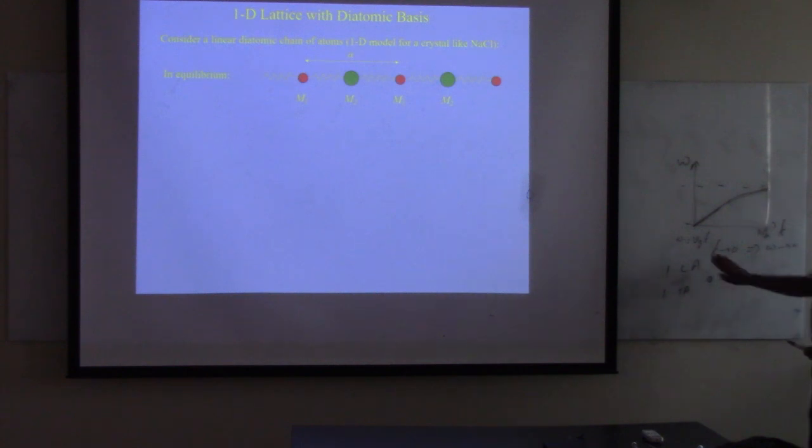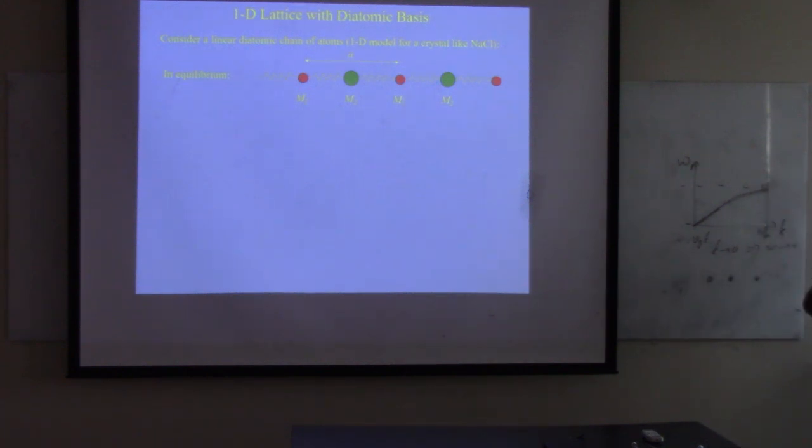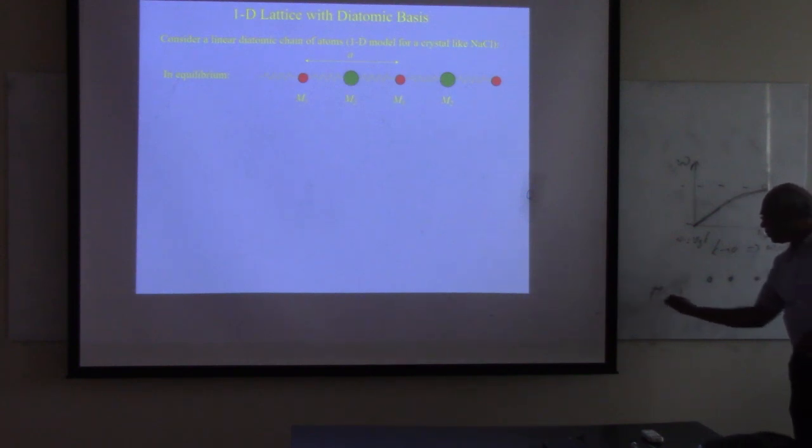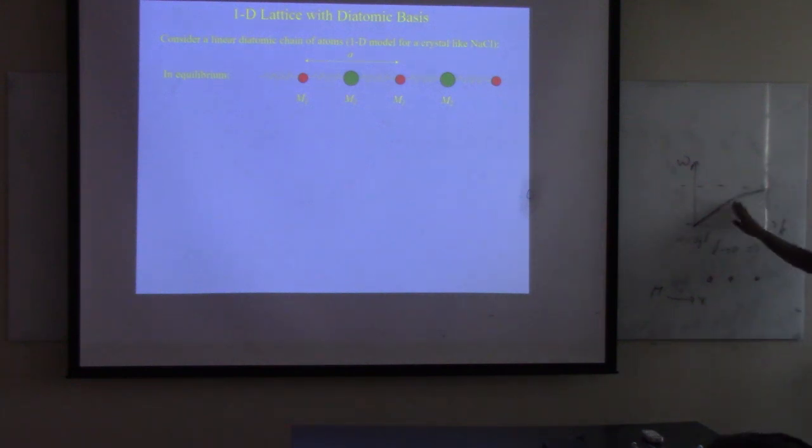So typically you expect 3, depending on the crystallographic direction, going from the gamma point to the X point and so on in the Brillouin zone. So please remember there are no modes for high frequency. These are all low frequency at k equals 0, right?